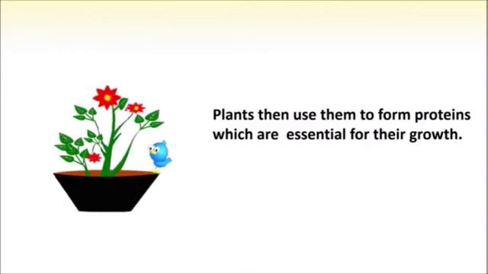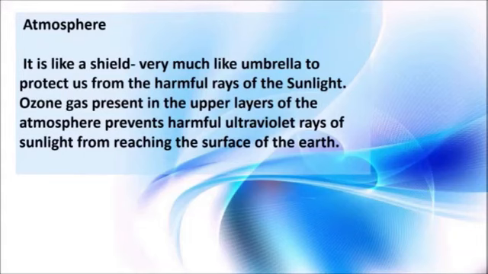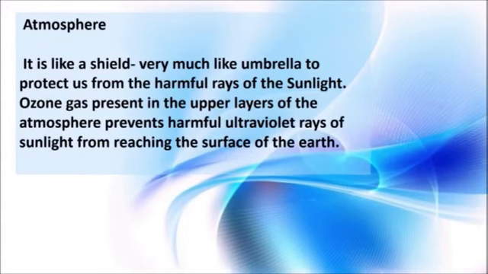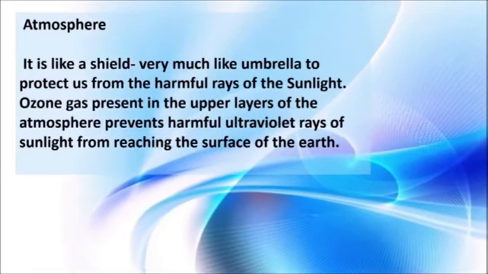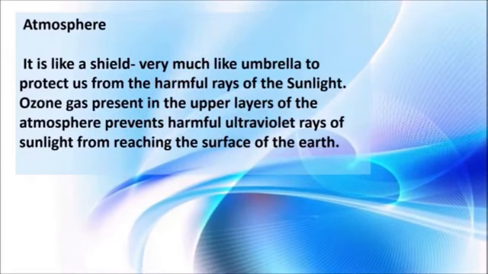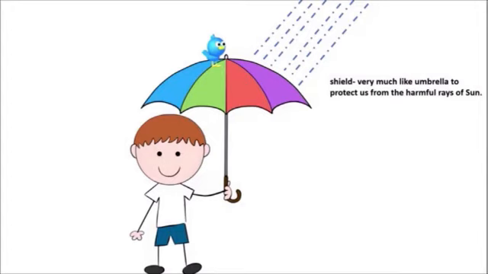Most of us must have heard the word atmosphere. What is the atmosphere? We can take it like a shield. Our atmosphere also acts as a shield, very much like an umbrella, to protect us from the harmful rays of sunlight.